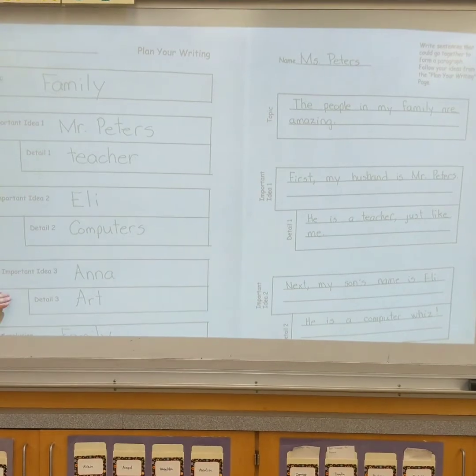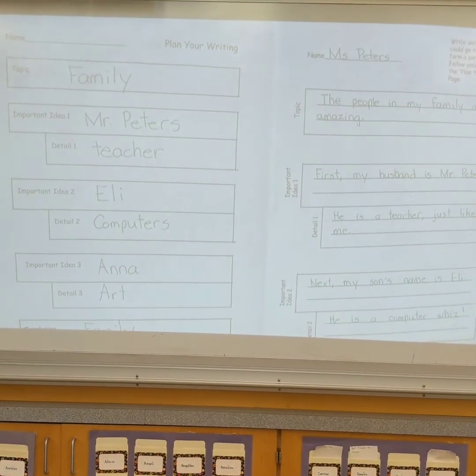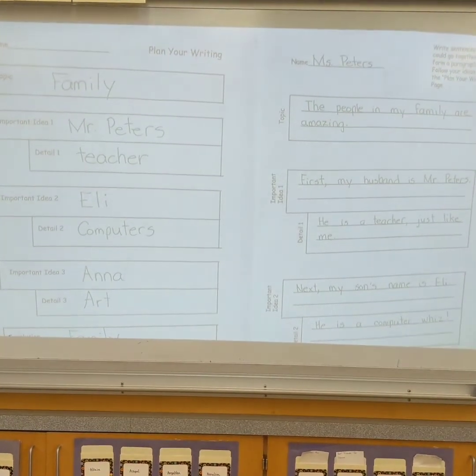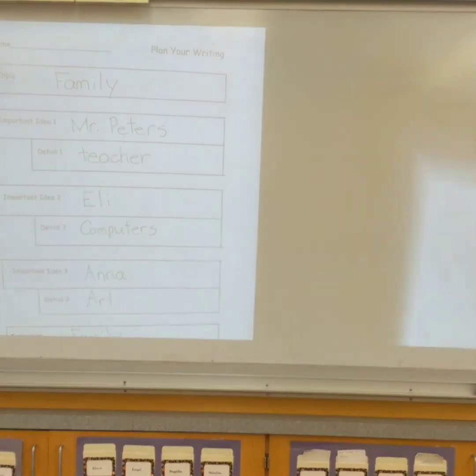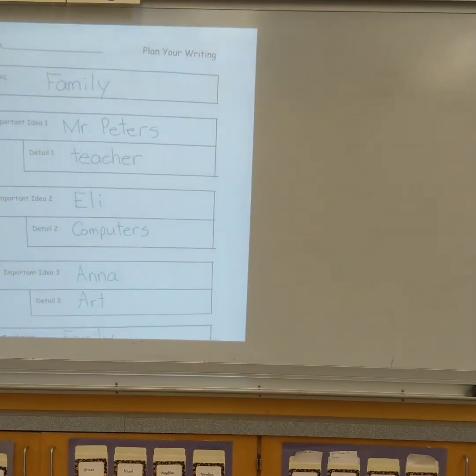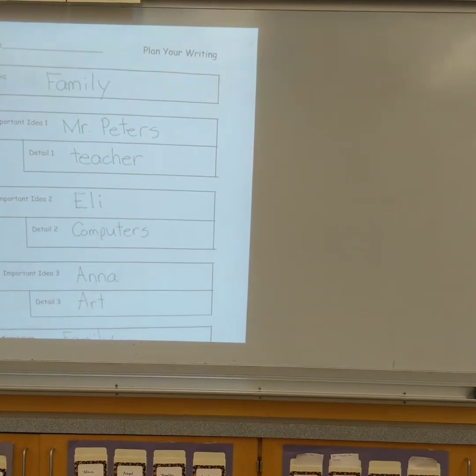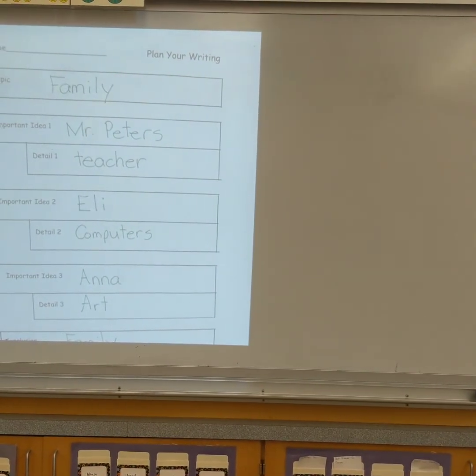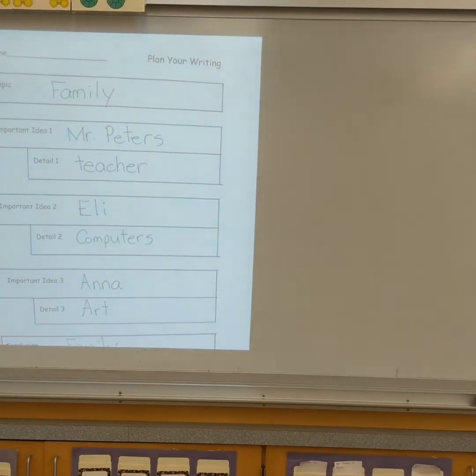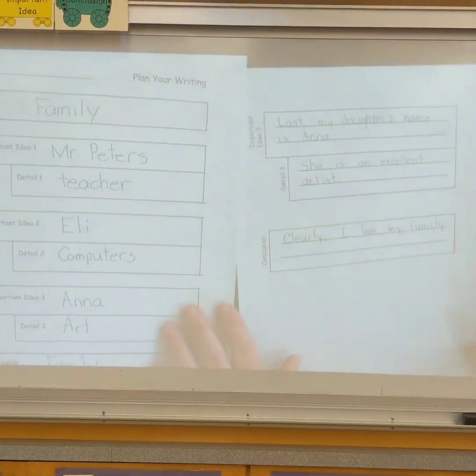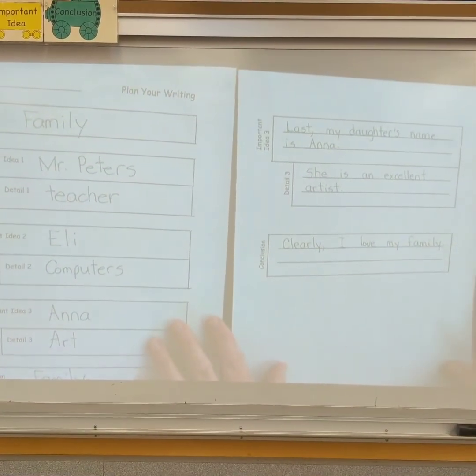Then, for important idea number 3, I'm out of room on this paper. But if you turn your paper over, there's room for important idea 3 on the back.